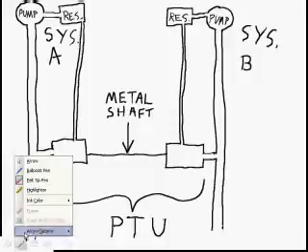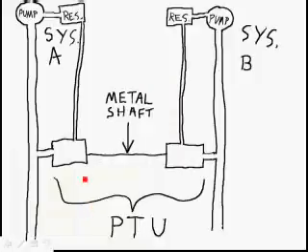Let's just say that we have, here's a hydraulic pump. It's pulling fluid in from the reservoir, and this here is the pressure line for one system. Let's just say, and here's that's system A. Here's system B. Here's this pump.